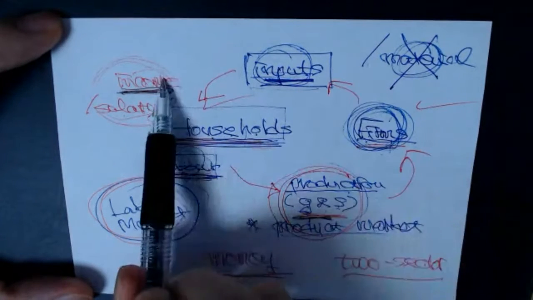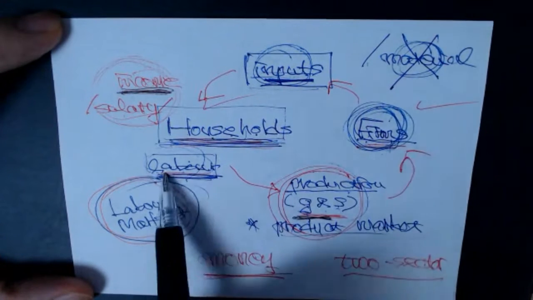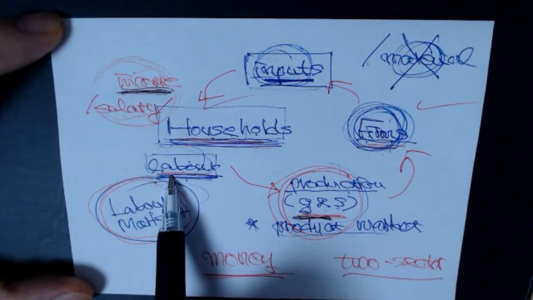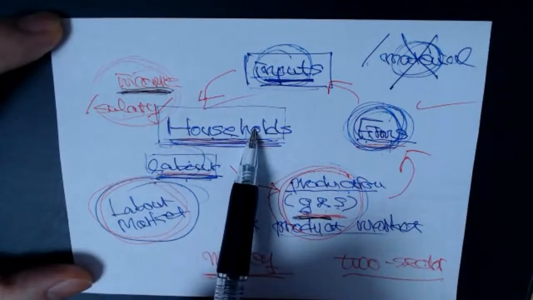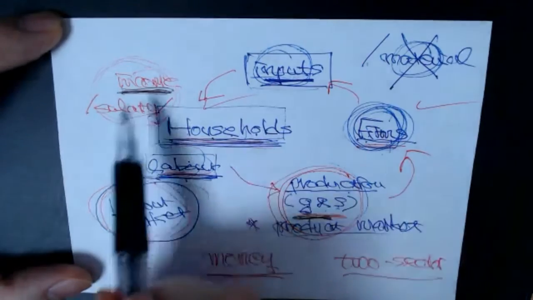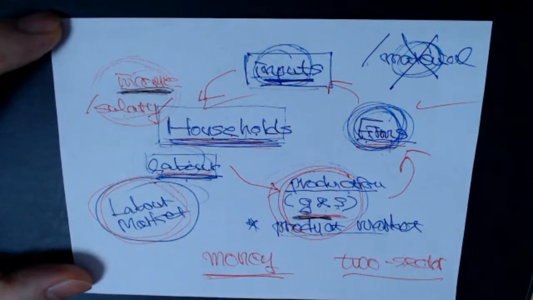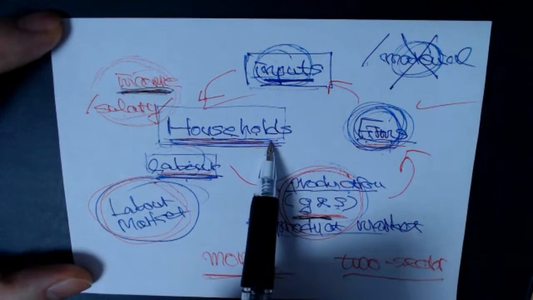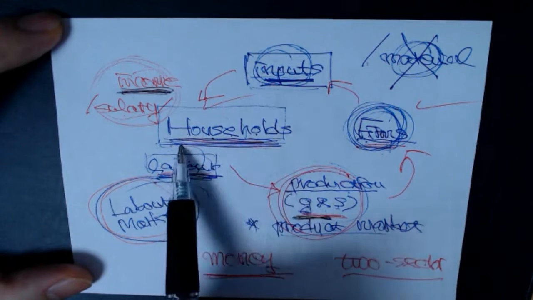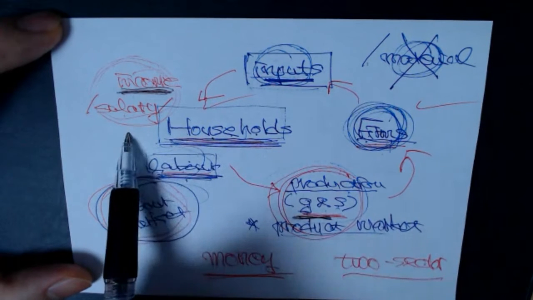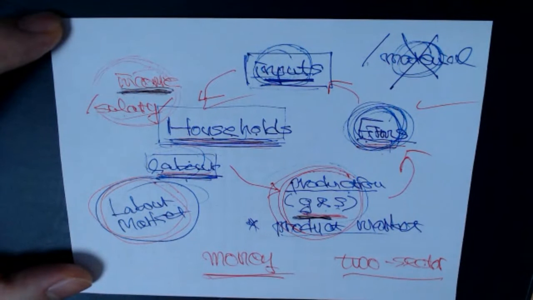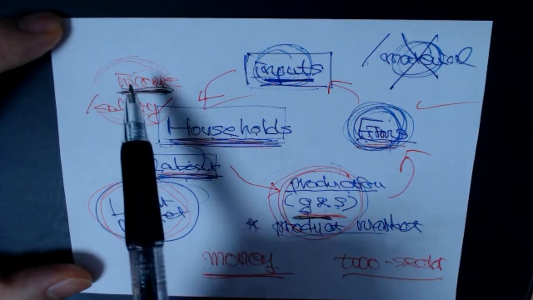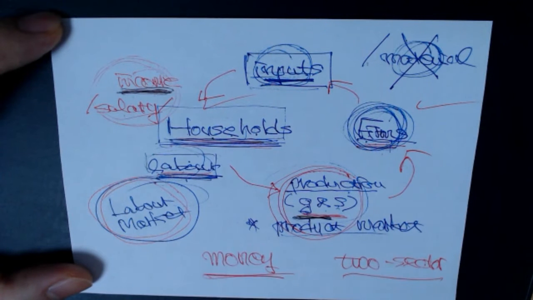Households receive their income from firms when they sell labor, but not all of these households spend all of this income. Some households spend only some part of their income, and there must be a leftover from this income.